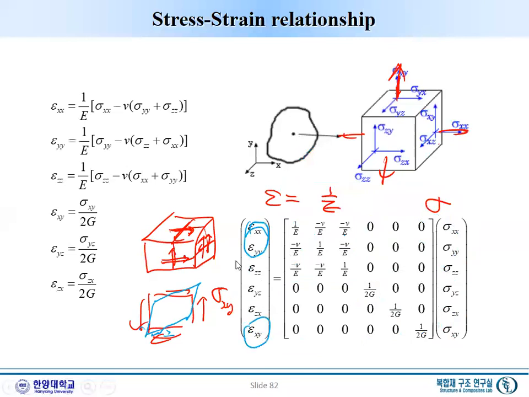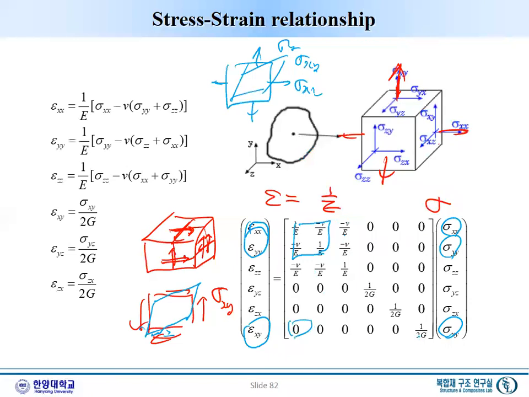Sigma xx, you remember these terms, xx and yy and sigma xz. So this term and that term and that and that. How many? 3 by 3. This is the 2D version.